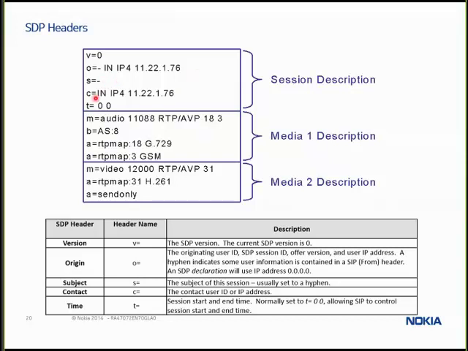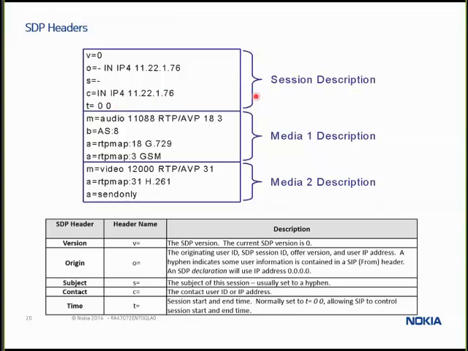And the C is the contact. So what is my IP address when you send something back to me? This is where I'm coming from. This is where you can send something to me. And then we have when did we start and when did we end? Except we haven't started anything yet in this particular example.